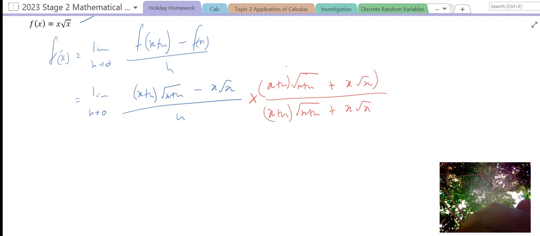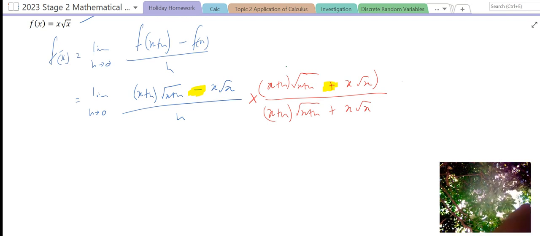Now, clearly what I've done is I've just repeated this entire top thing, but I've changed the sign. Multiplying by a sign change is called the conjugate. You will have done this in surds in year 10 or year 11, and you might recognize this from rationalizing the denominator. Here we're going to rationalize the numerator, that one on top, and then put it together.